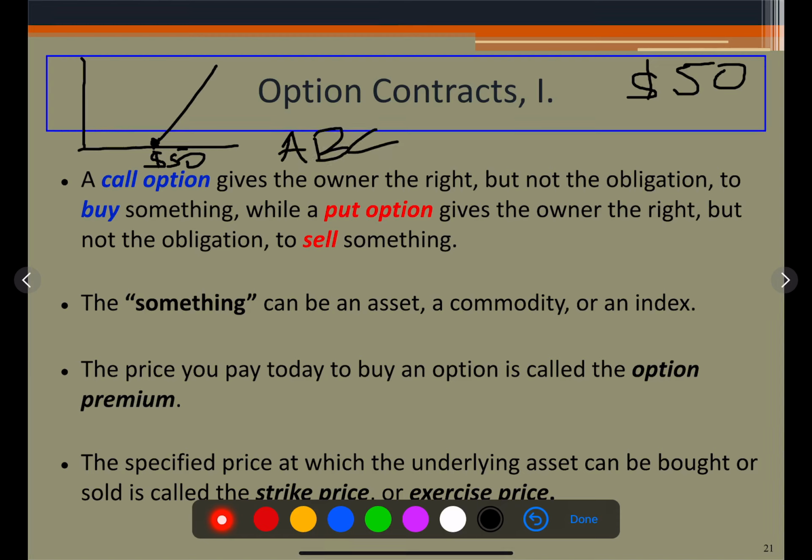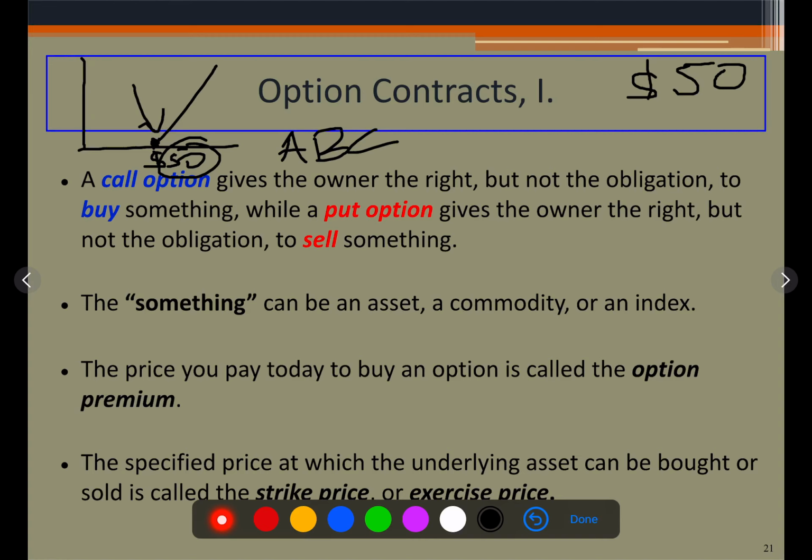If in the exchange market, the price of this stock turned out to be more than $50, then obviously the buyer will go and buy the share under the contract at $50, rather than paying more. Why should he go and pay more?